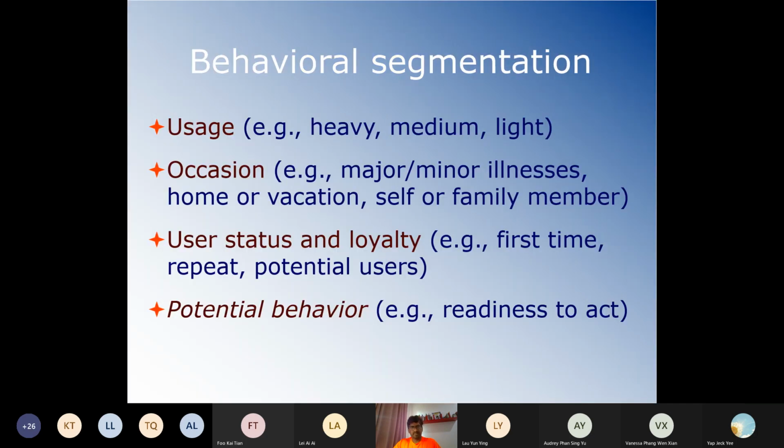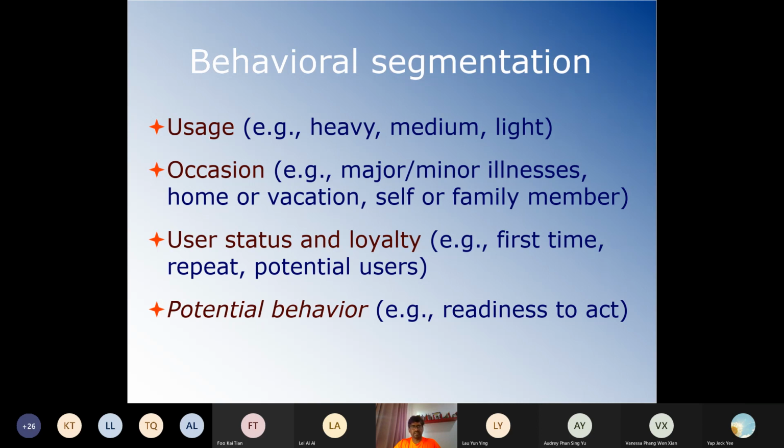So behavioral segmentation refers to a process in marketing which divides customers into different segments depending upon their behavior pattern when interacting with a particular business or website.